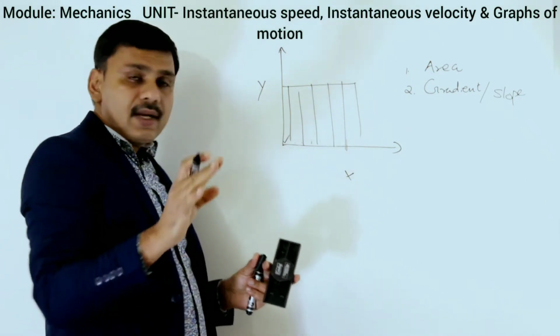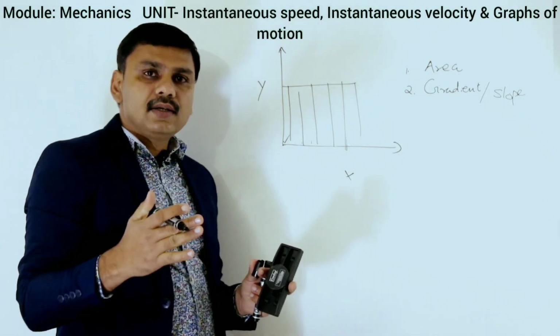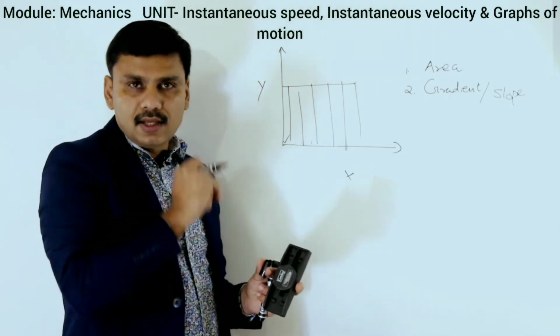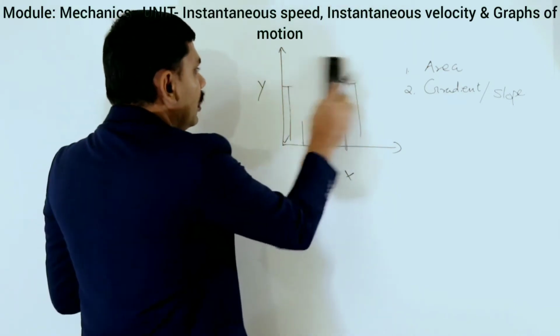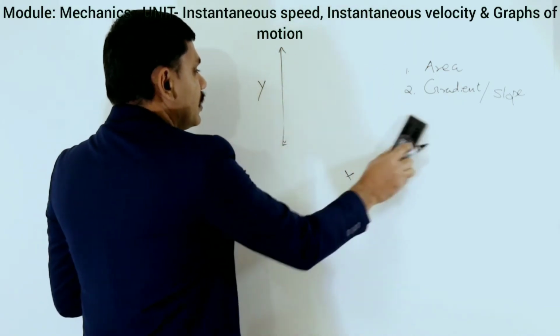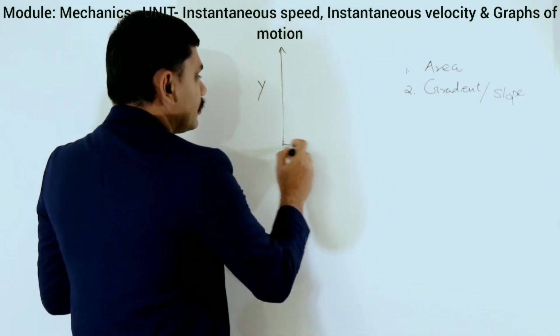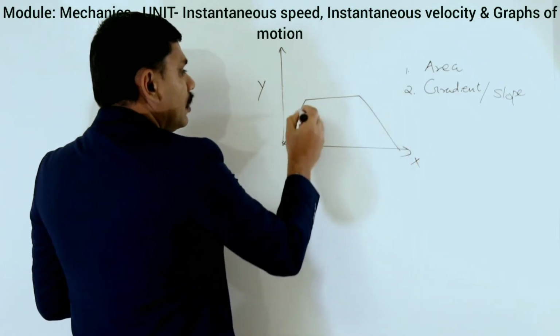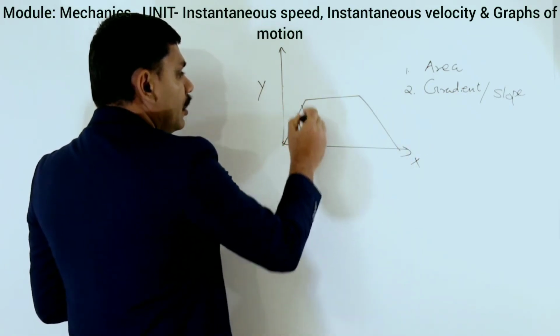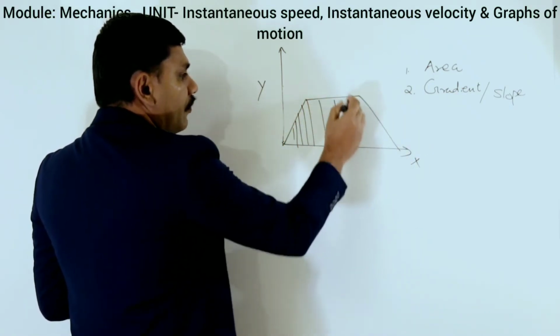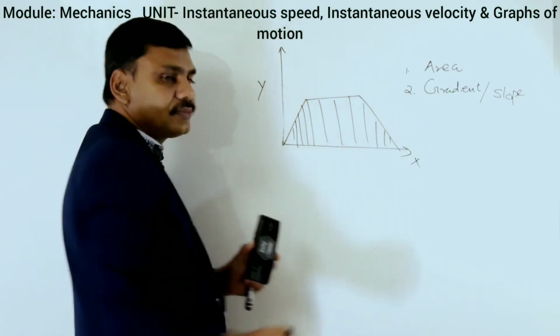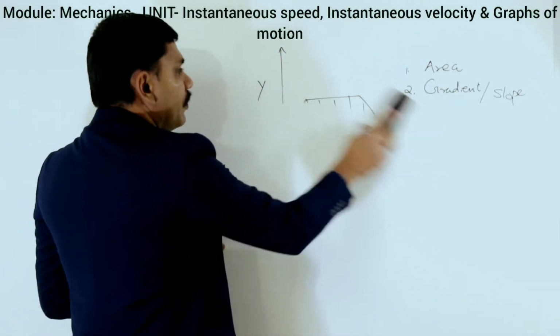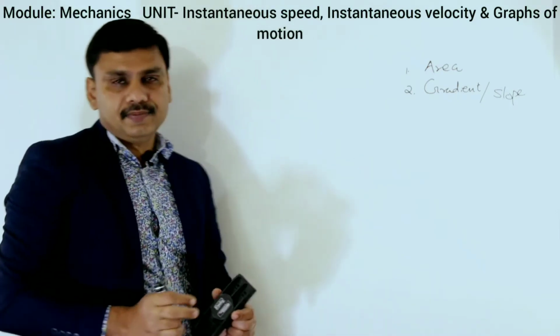So from a graph you can calculate the area. Area means area under the graph. So if the graph comes like this, there also will be area under the graph. This is the area under the graph. So from a graph you can calculate area.